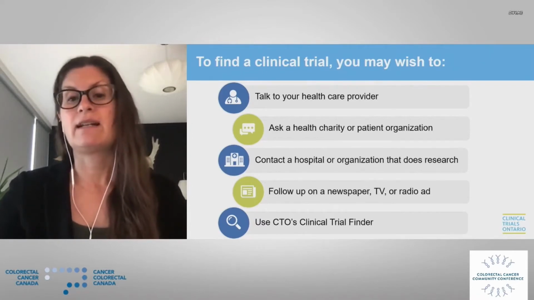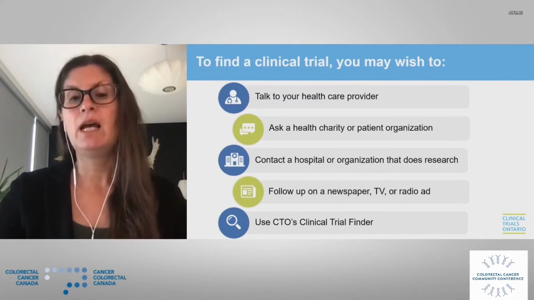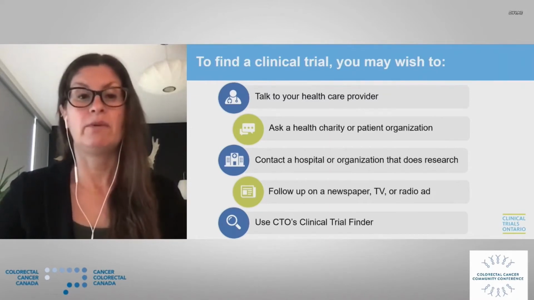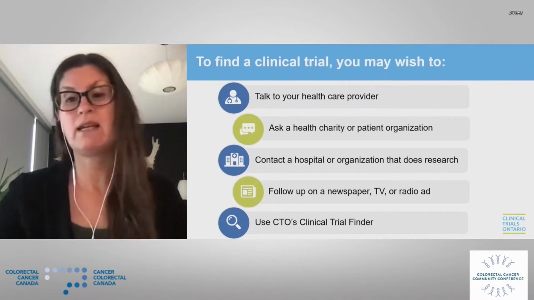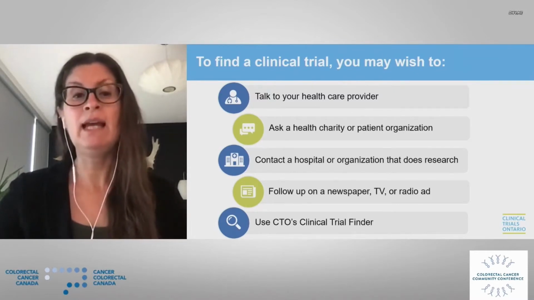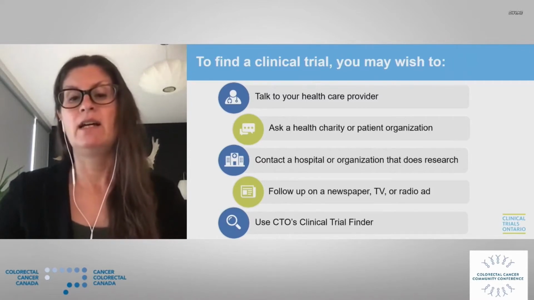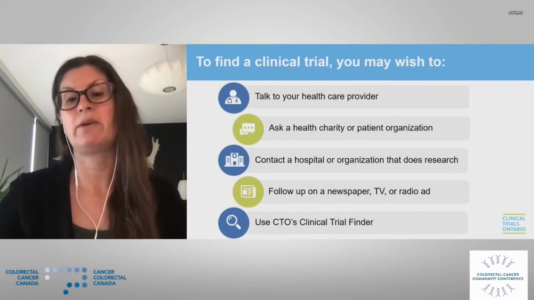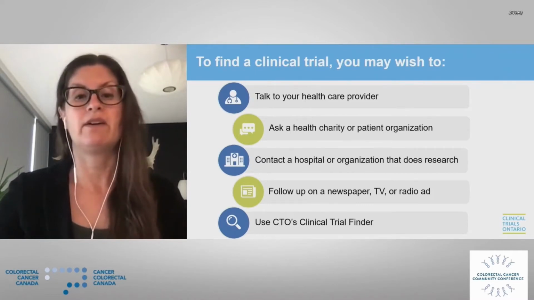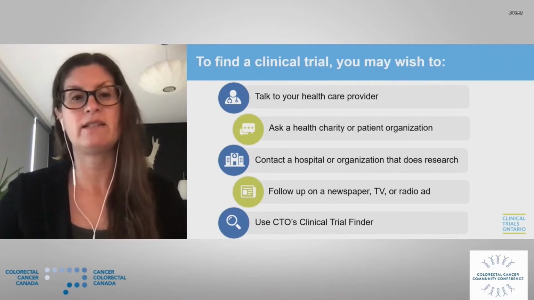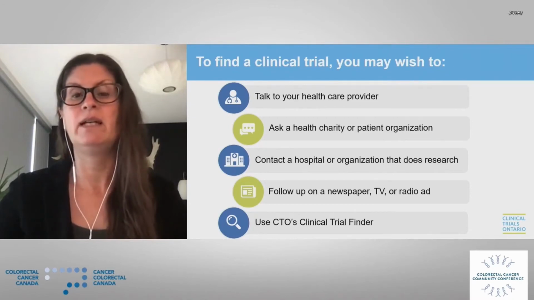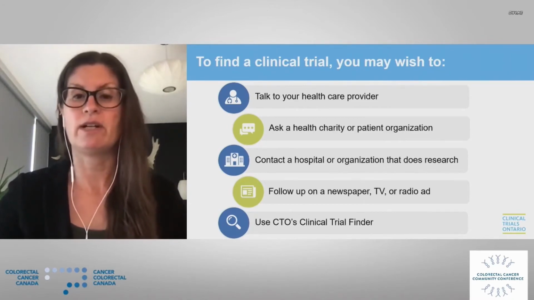You may wish to contact a hospital or an organization that does research, and maybe Q-CROC is one of those organizations. You may see ads in the newspaper, TV, or on the radio, and those may be things that you choose to follow up on. And a bit later in the presentation, I'll talk to you a little bit about CTO's Clinical Trial Finder. And I know Katrina is going to talk about some other options that are out there for you. So that's a few of the places you might go to if you're interested in finding a clinical trial.